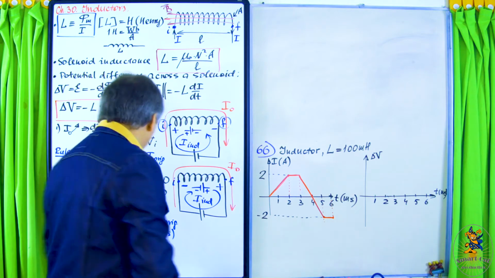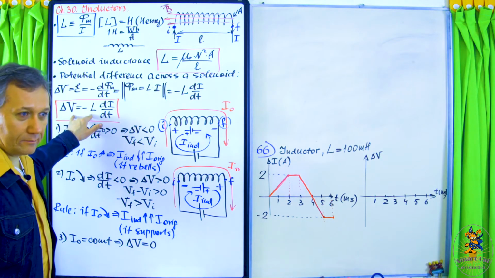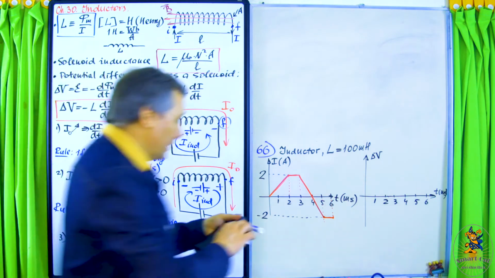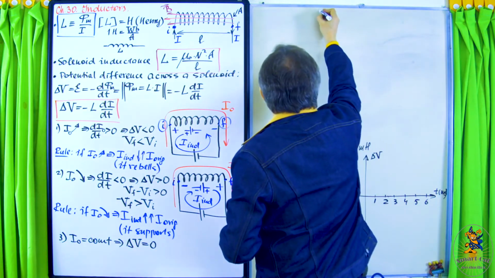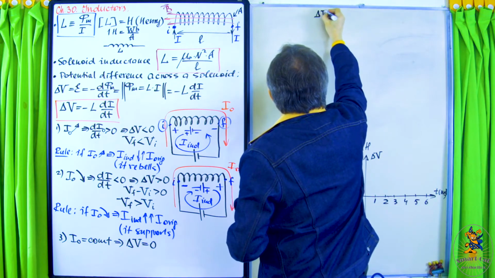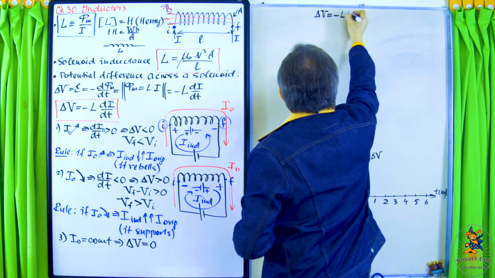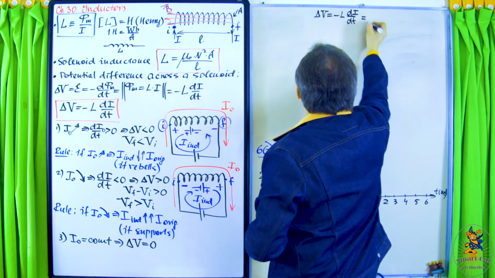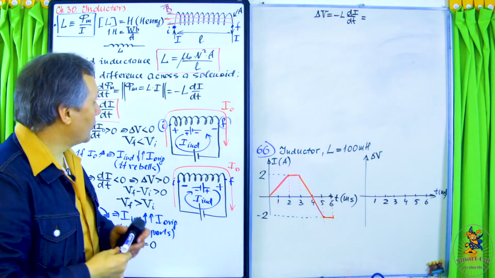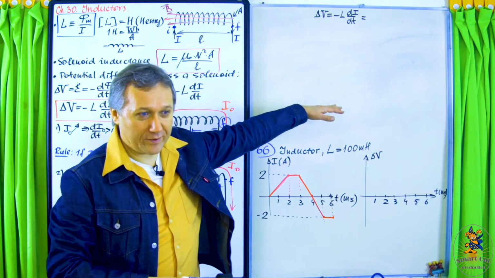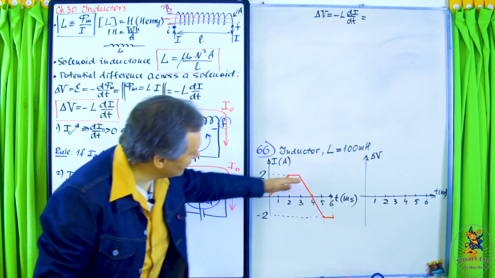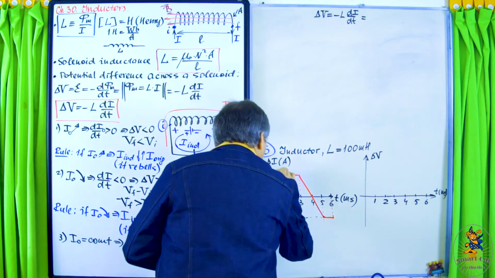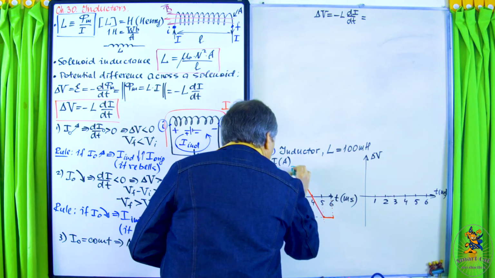So it's all about this formula. Of course, we can analyze conceptually, but in order to calculate, we have to apply delta V equals minus L di over dt. Now we see current changes linearly in these pieces, in section number 1, section number 2.